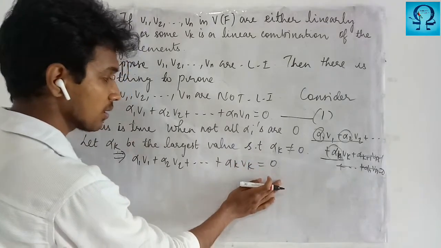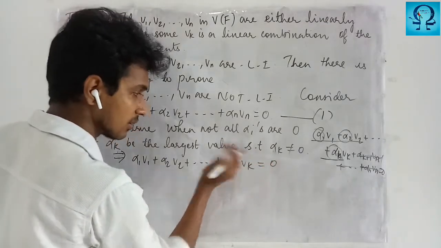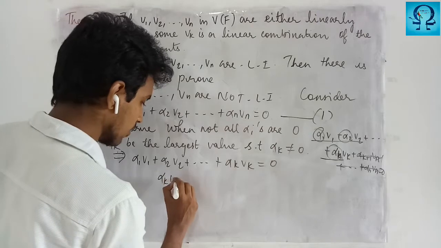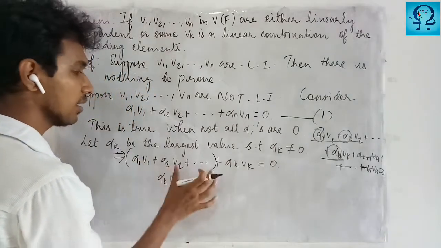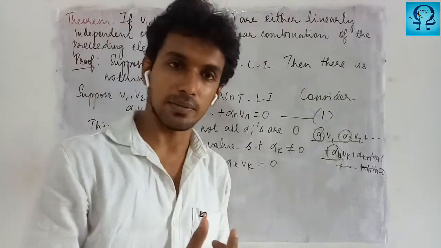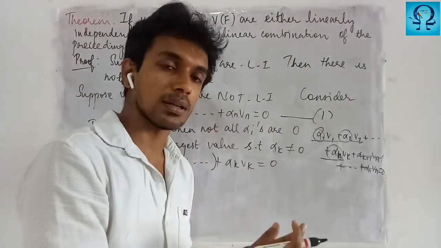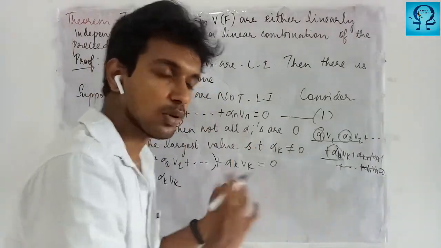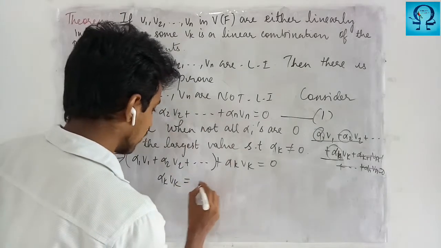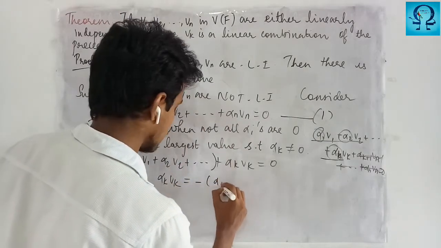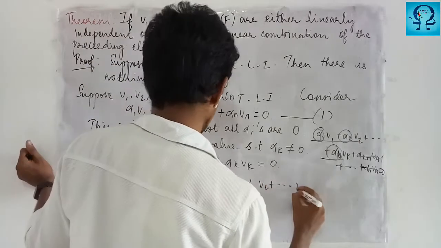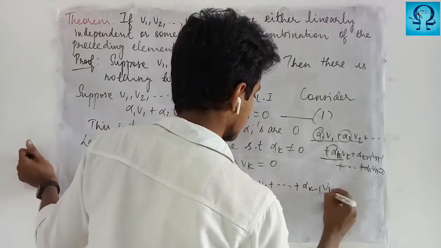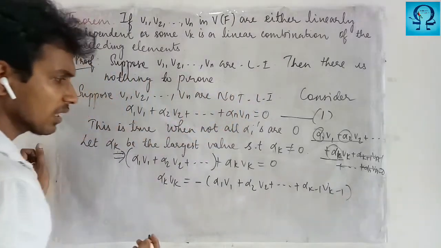So in this case, let me have only alpha k vk alone on one side, because this linear combination is going to give you a single vector. You can operate the inverse of that vector on both sides, so you will get alpha k vk to be the minus of alpha 1 v1 plus alpha 2 v2, going till alpha k minus 1 vk minus 1, right?